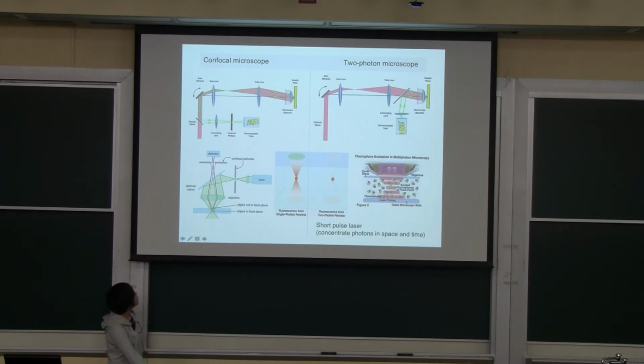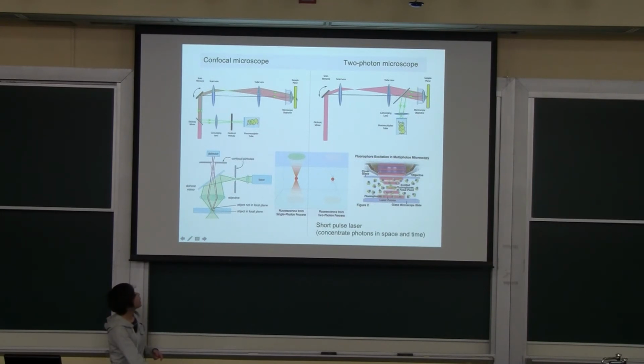This confocal microscope has a laser light coming from this way, then upward, then you see the same dichroic mirror. This excitation light can pass through this mirror and reach this scan mirror. This scan mirror can change the beam direction, and a different beam direction results in a different point on your sample plane. So you can go through every point on your sample.